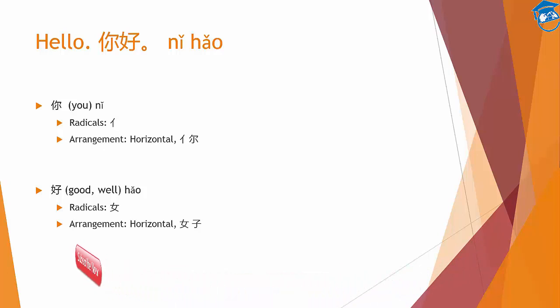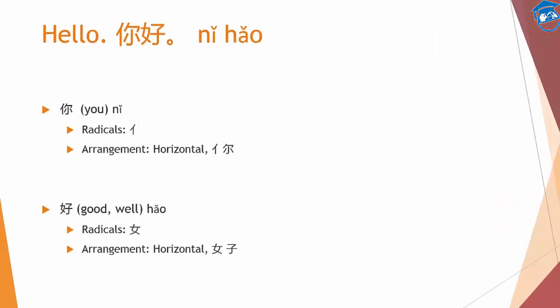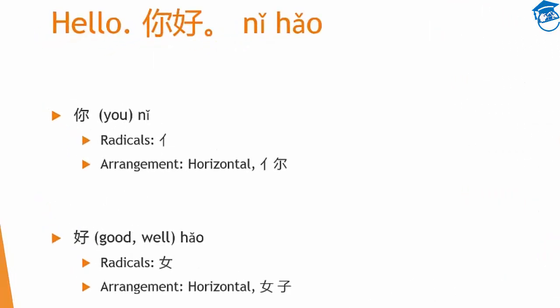For each character, I will also handwrite on the screen how I write it, so you understand how each stroke is being written. So the first one is the famous ni hao. This is used whenever you see someone, like you want to say hello to people. You can say ni hao, whether it's in a formal or informal situation.